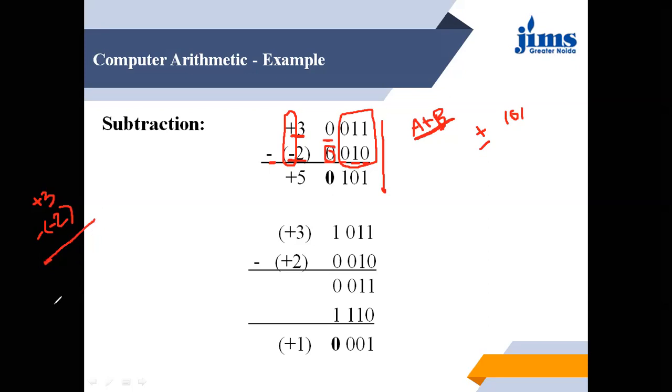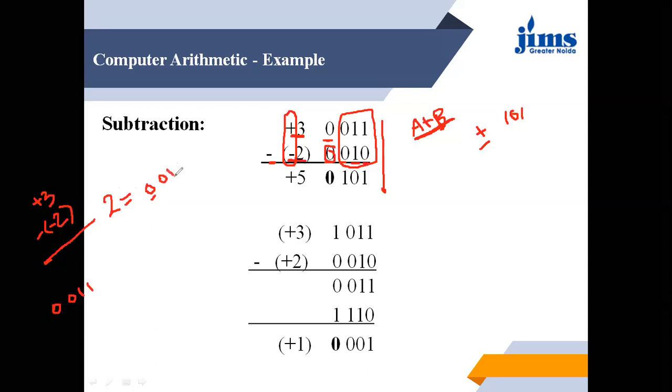So 3 can be represented as 0 for the sign bit, and 0, 1, 1. When we have to write -2, first we have to write +2, and as it is +2, the sign bit will be 0, and the rest of the bits will be 0, 1, 0.